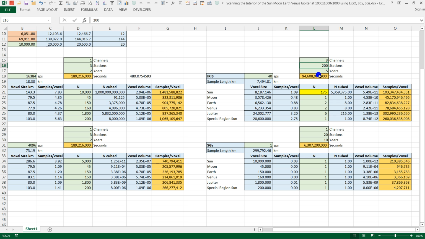On average, they're newer ones, and so I just estimated 5 years. There are instruments that have been there 15 years, 20 years, I think. For the most part, you can get like 175 pixels per side on the scan of the sun, so a 175 by 175 by 175 cube, and still get roughly a sample per second out of each one.